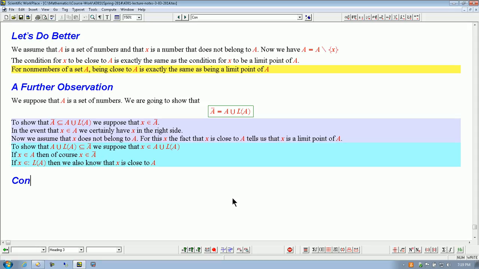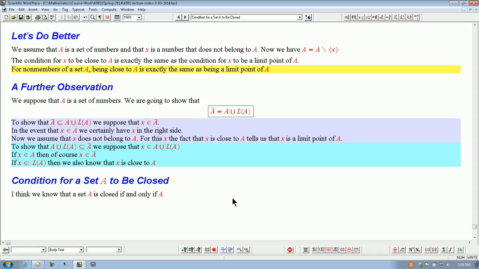Condition for a set A to be closed. I think we know that a set A is closed if and only if A is equal to A bar.